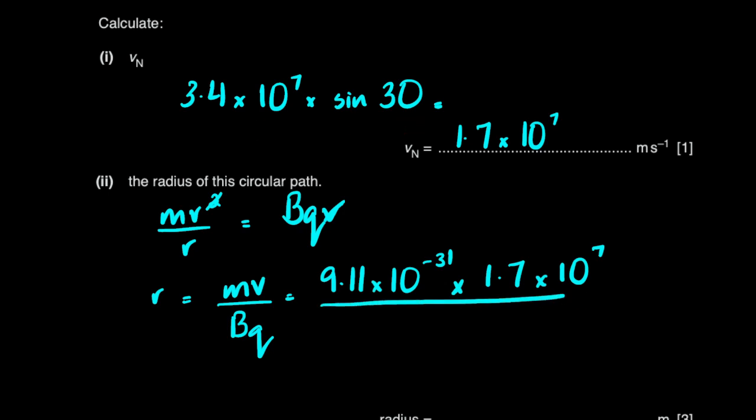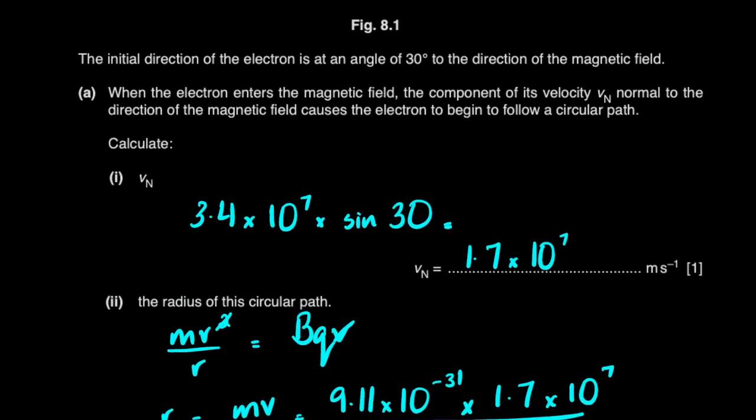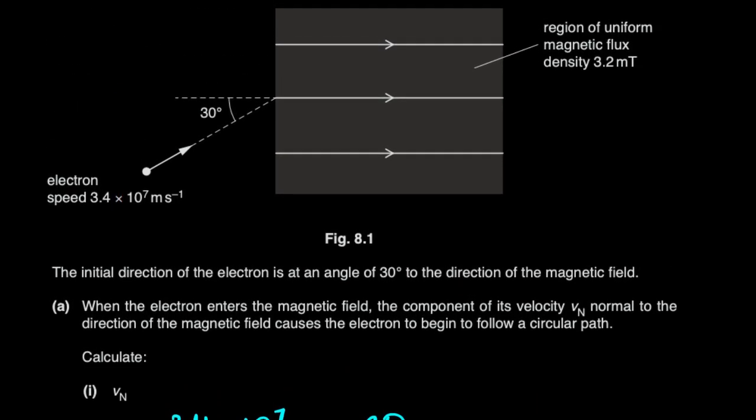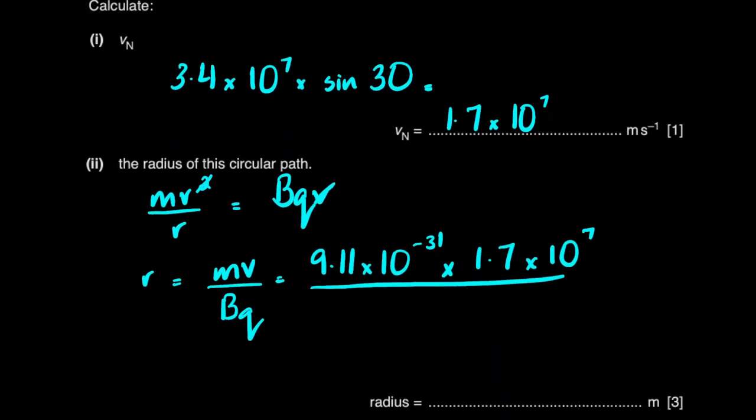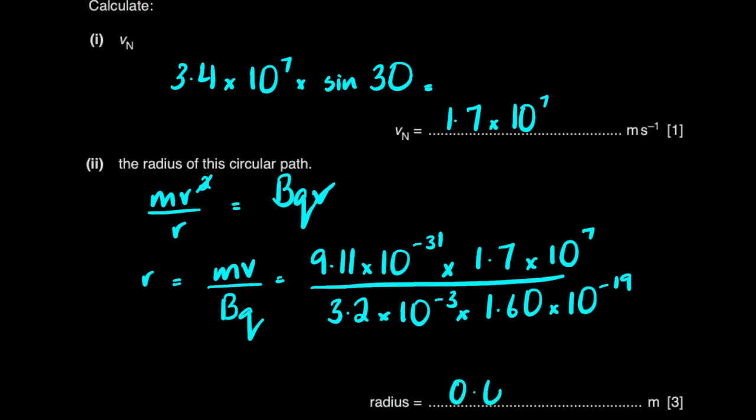Divided by BQ, so B and Q. B was 3.2 millitesla and Q is again the fundamental charge. So 3.2 milli means 10^-3, and the fundamental charge 1.60 × 10^-19. Calculating this turns out to be 0.030 meter, again to 2 SF.